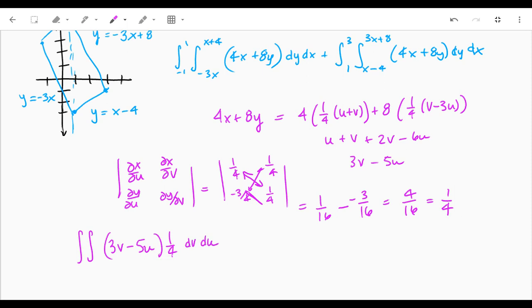Okay, so the last thing we need to do is figure out our bounds, what u and v are between. We can just use the 4 equations that we got when we drew this out.